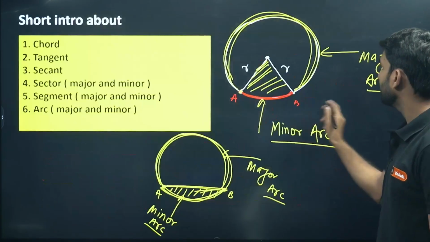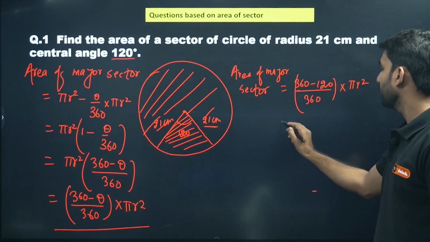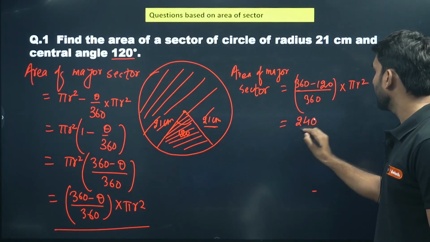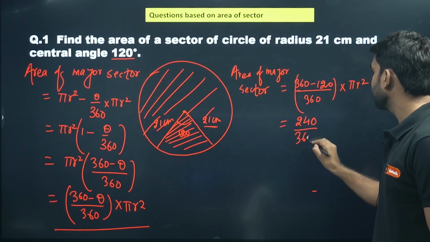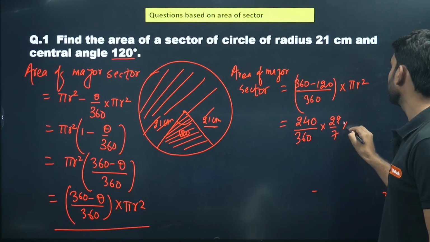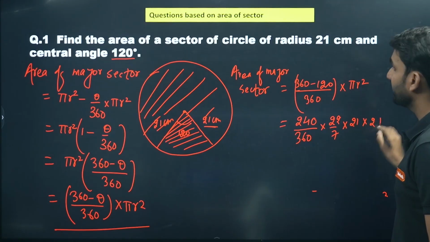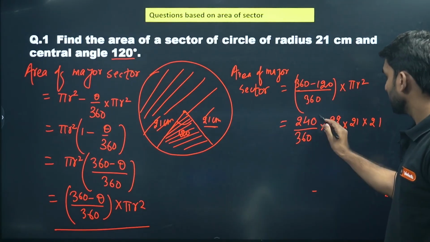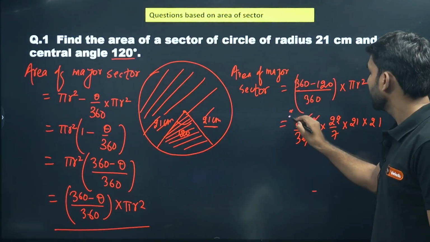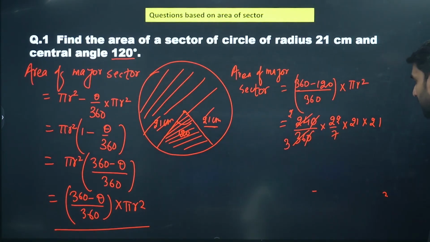So 360 minus 120 will be 240. 240 upon 360 into pi r square. Pi is 22 by 7 and r is 21, and here is r square. So 21 into 21. Cancel 0. 2 12s are 24 and 3 12s are 36. So that will be 2 by 3.